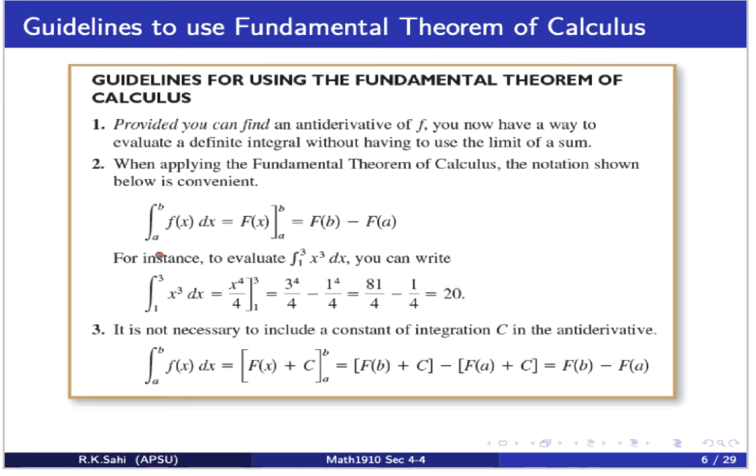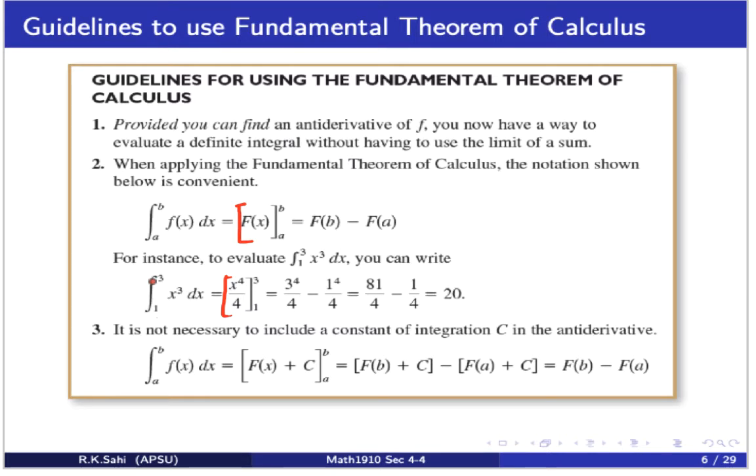For example, if I want to find the integral from 1 to 3 of x cubed dx. Now we all know the integral of x cubed is what? x to the 4 over 4. First we do that, and then we take the square brackets. I normally prefer to have 2 square brackets, which makes life easier when I do calculations like this. And then I write 1 and 3.